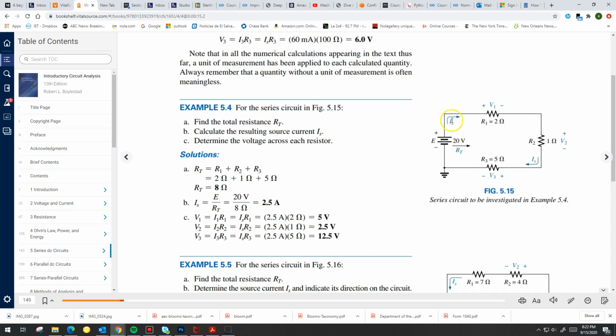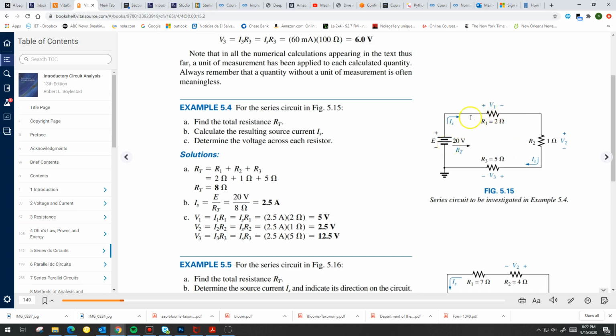So to calculate the source current, I first need to know the total resistance, okay? Because I cannot know the current unless I know the total resistance for this particular case.